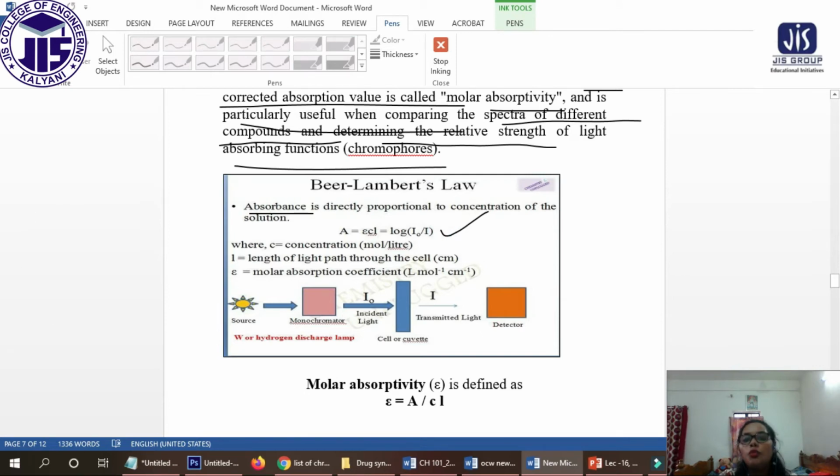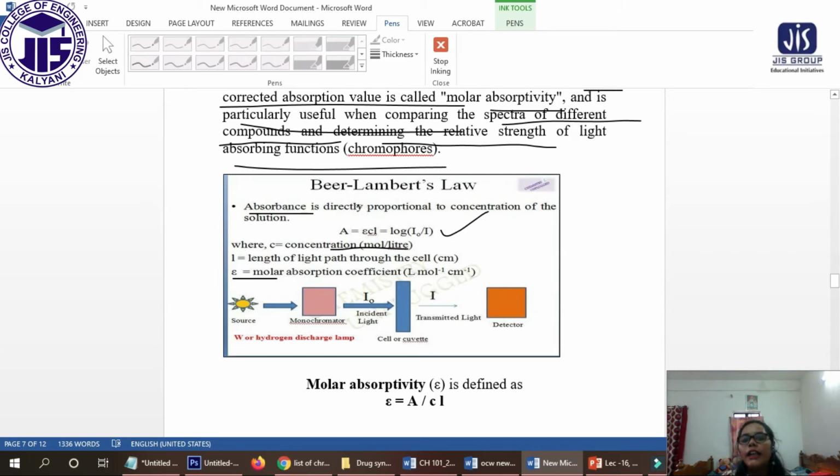Here C is the concentration of the solution we have taken, l is the length of light path through the cell, and epsilon is called the molar absorption coefficient, and the unit is liter per mole per centimeter.